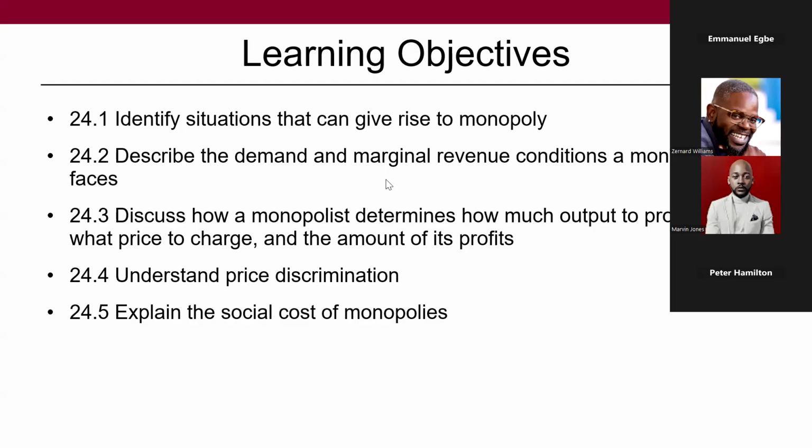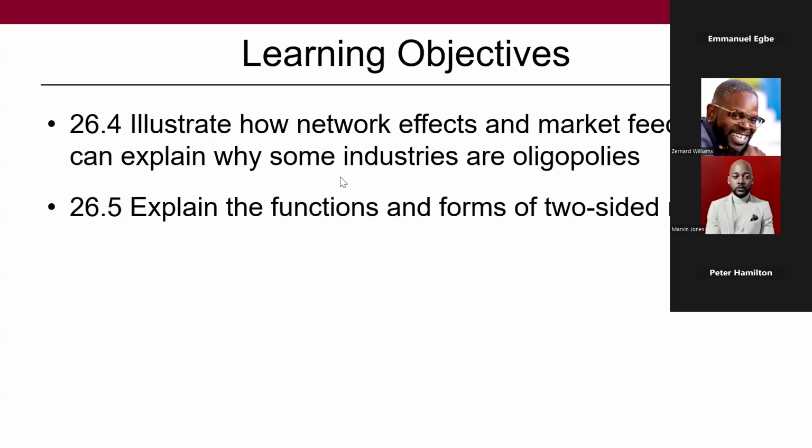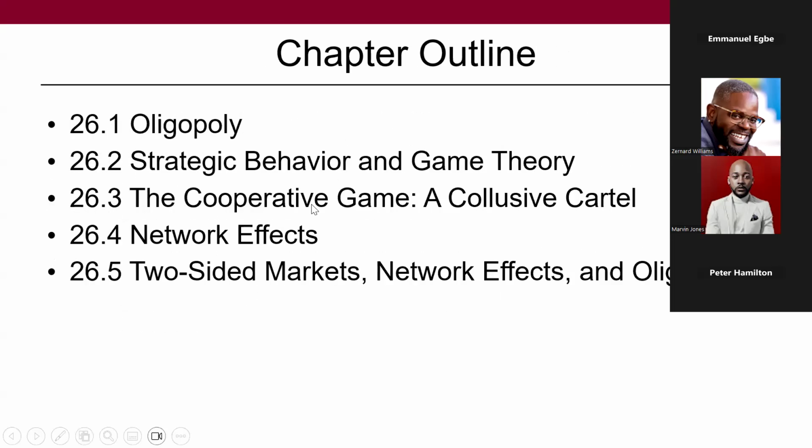Now, I would define monopoly. Well, let me define perfect competition for us. And the perfect competition that we talked about the last time is where you have numerous sellers in the market selling exactly identical products.